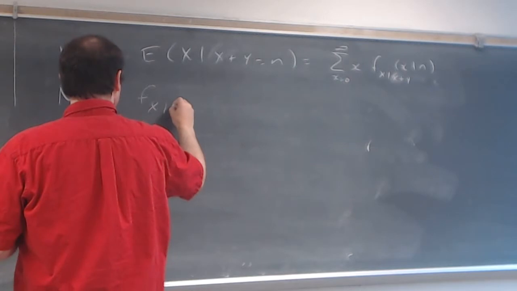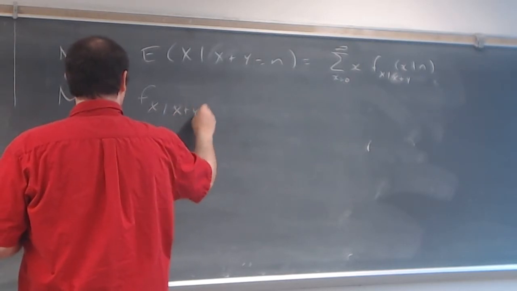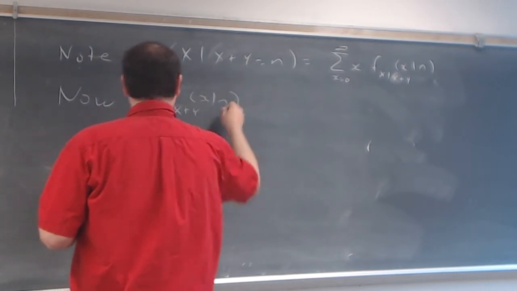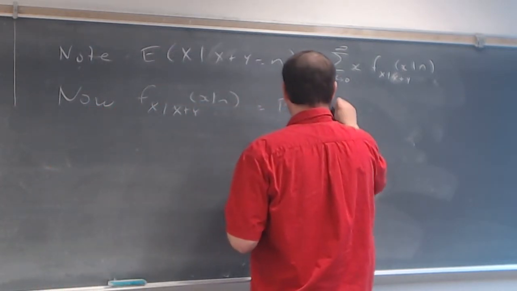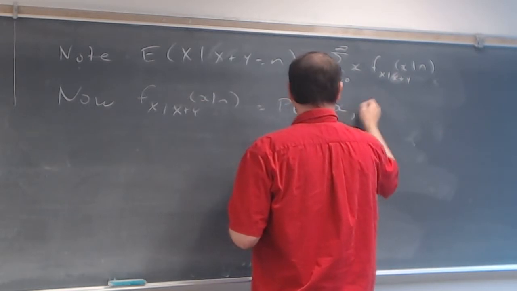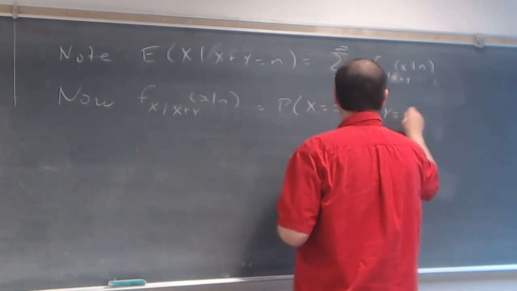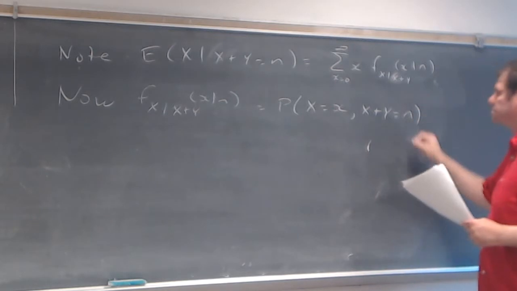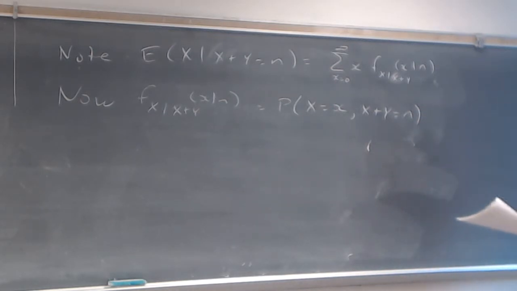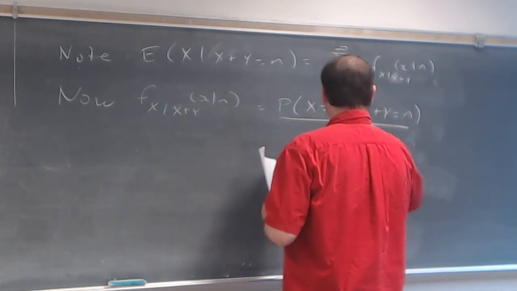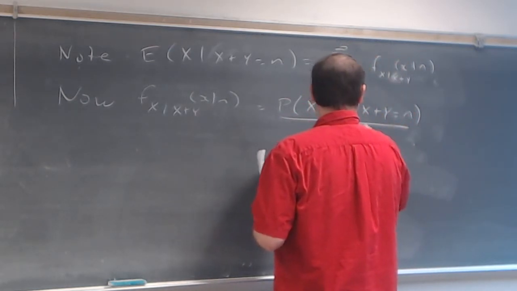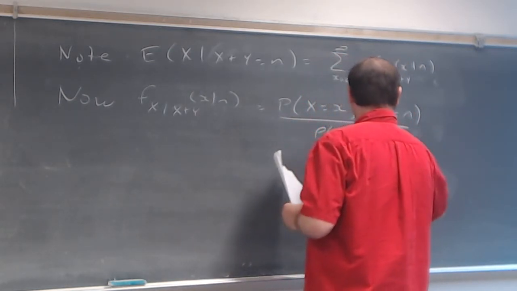Now, this conditional probability mass function of x given x plus y, of x given n, that's the probability that x is equal to little x and x plus y is equal to n, over the probability that x plus y is equal to n.